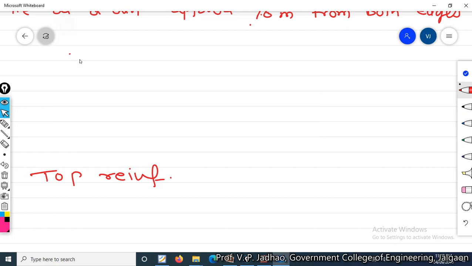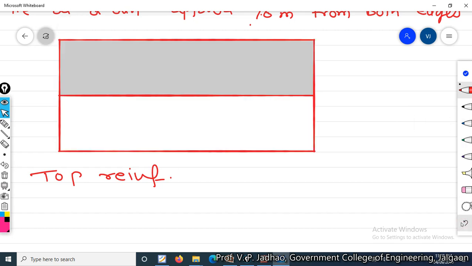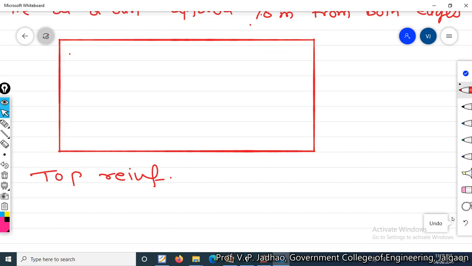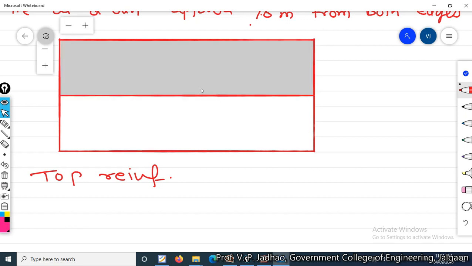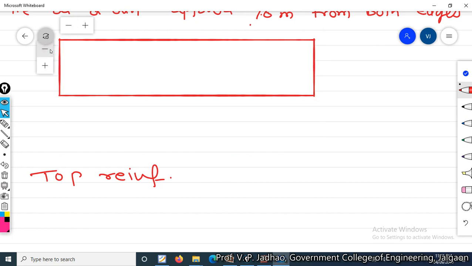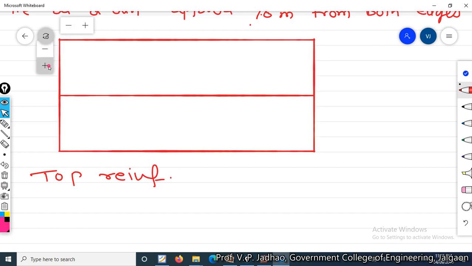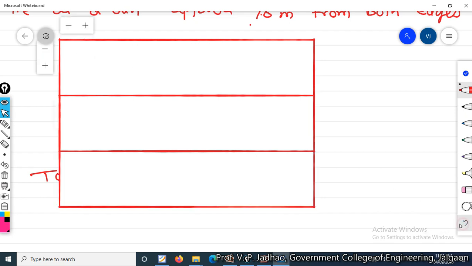Okay, let us provide some steel bar like this.